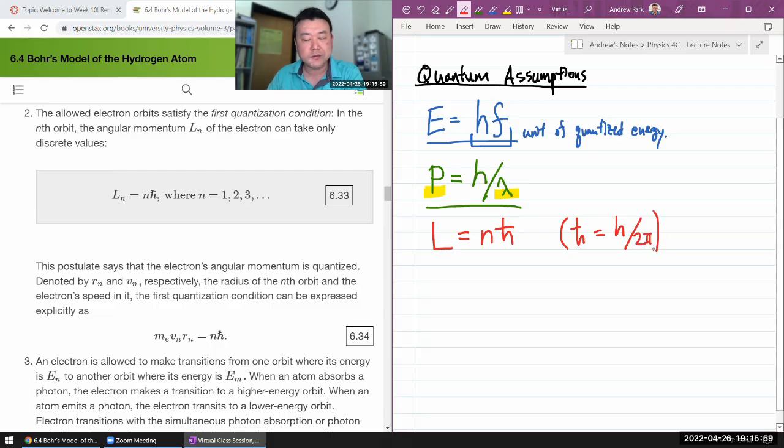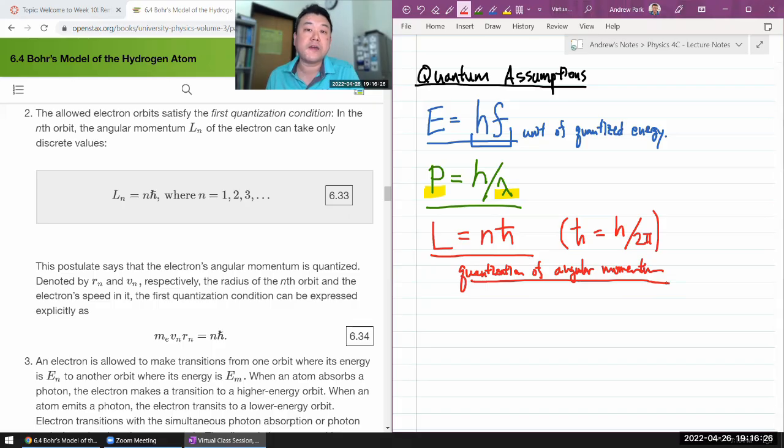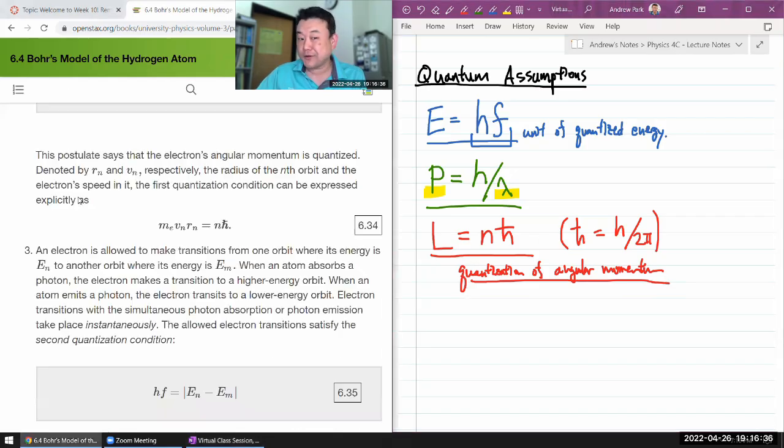It saves us a lot of writing by not having to write 2 pi every single time. The idea of quantization of angular momentum holds for orbital angular momentum, which is what Bohr was considering in his model of a hydrogen atom, and it holds for other kinds of angular momentum, like the spin angular momentum, that you will see more of in chapter 8 later on.